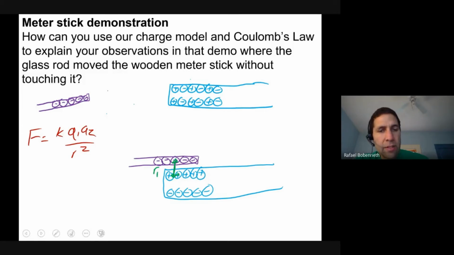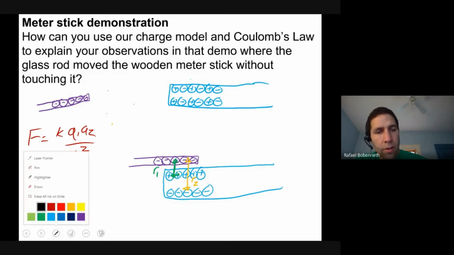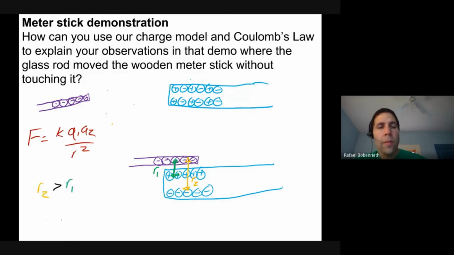And then the average distance to the electrons, I'm going to call R2. And what do we notice? We notice that R2 is greater than R1, right? So even though I have the same amount of positive and negative charges still on the meter stick, the distance that those charges are from the excess negative charge on the rod is different now.